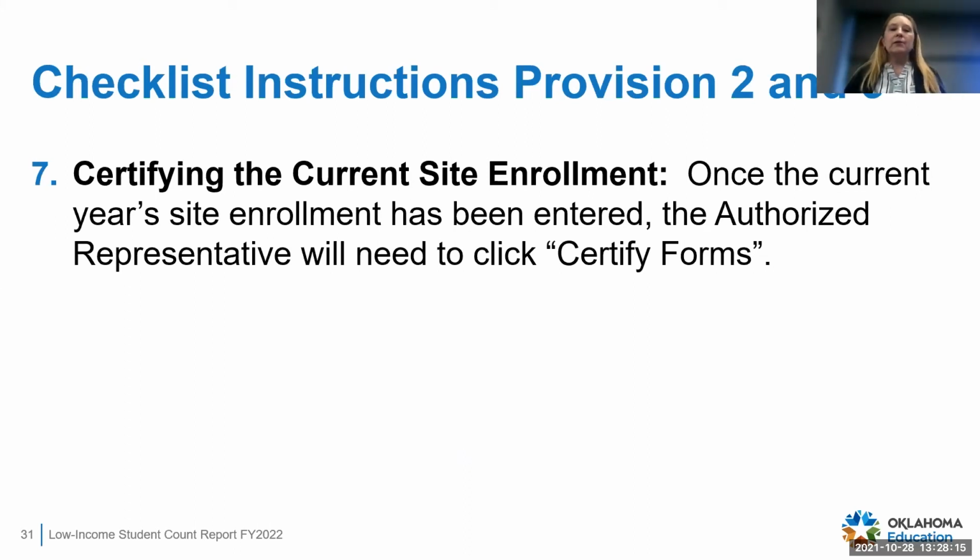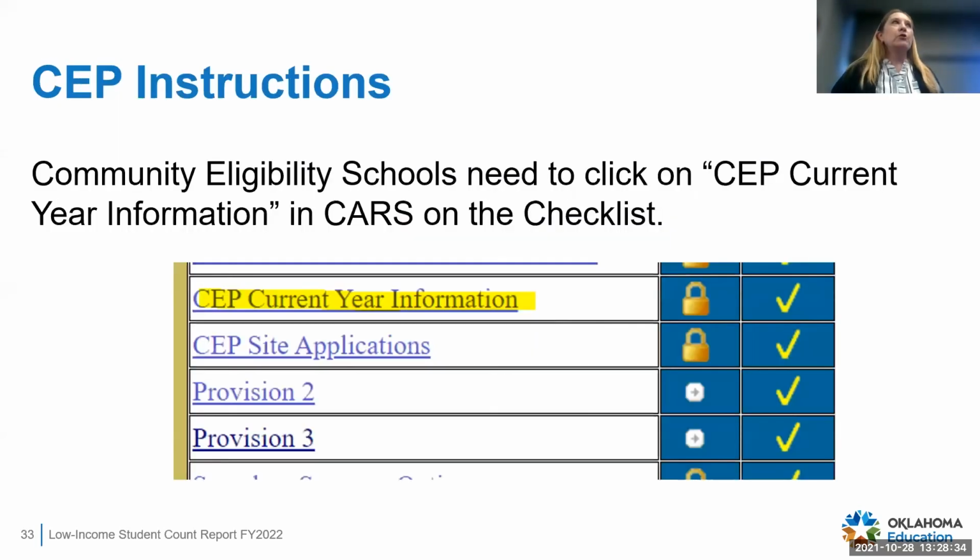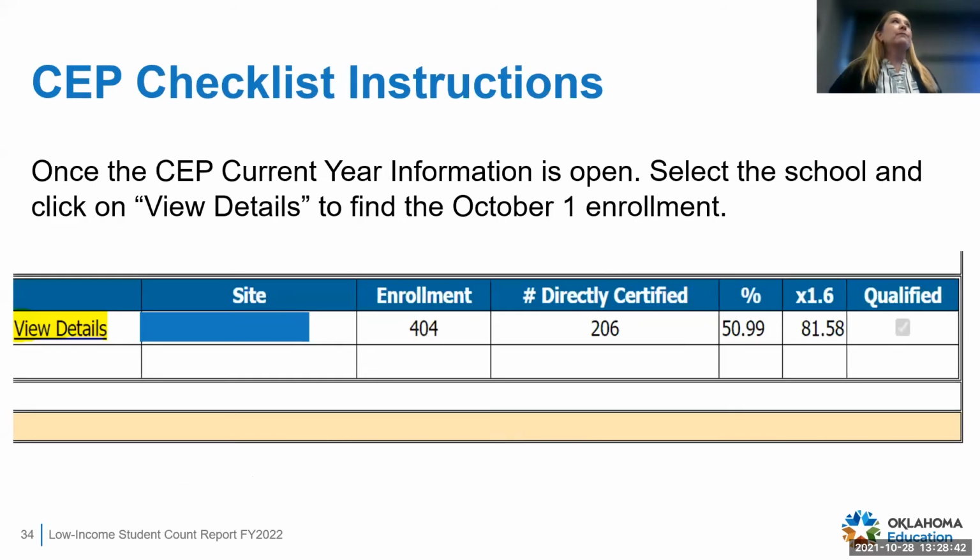And that slide just says basically you need to certify that current enrollment by your authorized representative. I said your superintendent had to, but the authorized representative can certify that information. Community eligibility, their report works very similar to how provision works, but you're going to go into your CEP current school year information on the checklist.